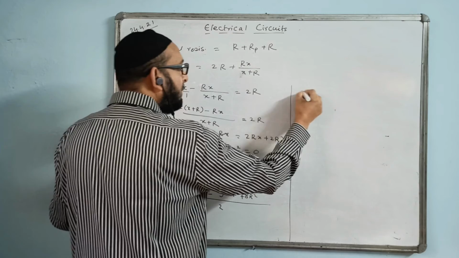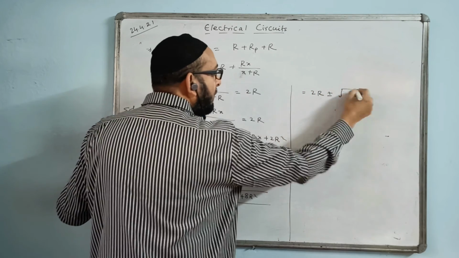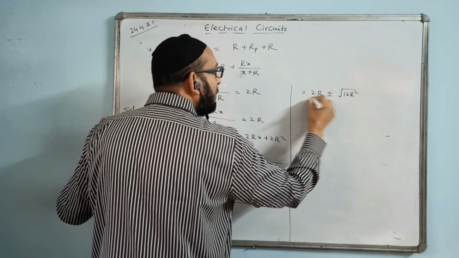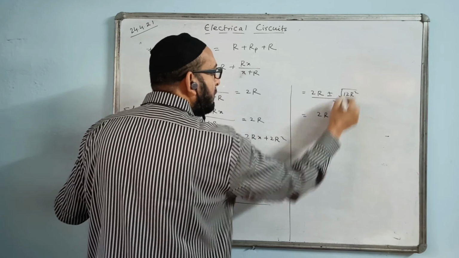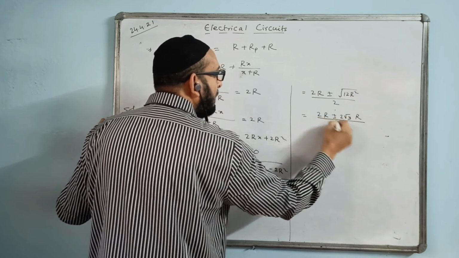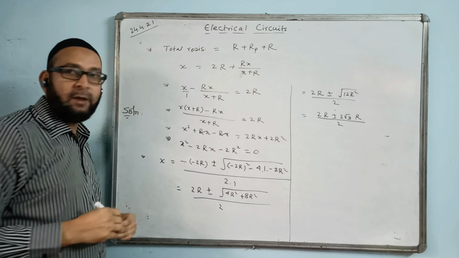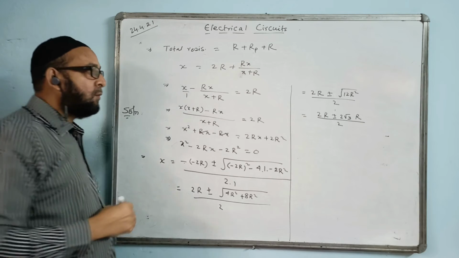From here we continue: you get 2r plus minus root 12 r square by 2. 2r plus minus root 12, we break down and get 2 root 3r by 2, because 4 into 3, the square root of 4 becomes 2.